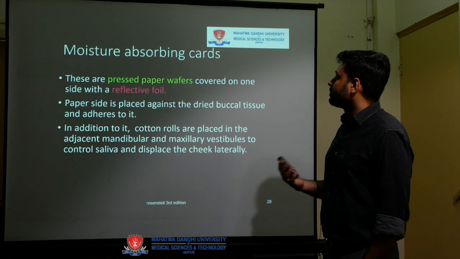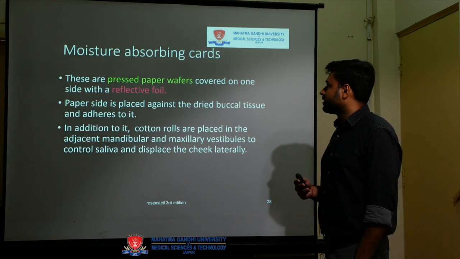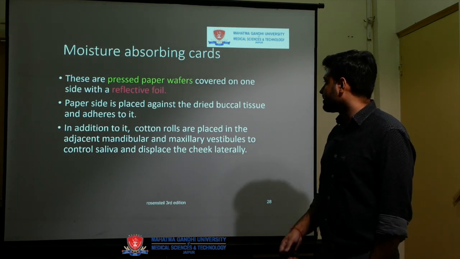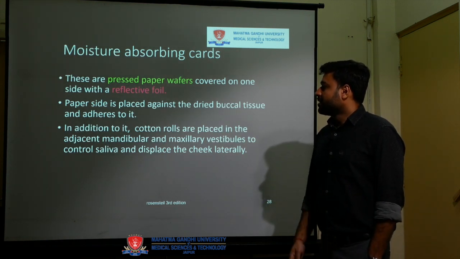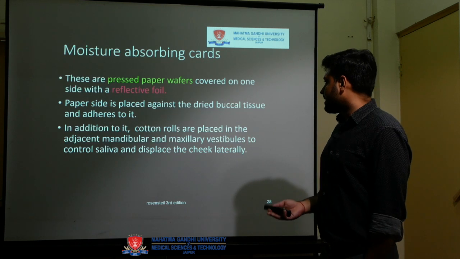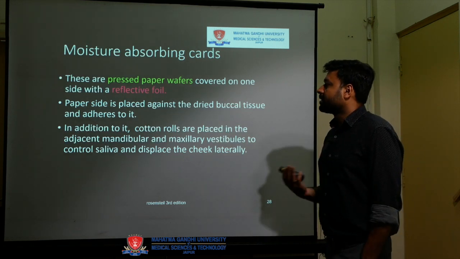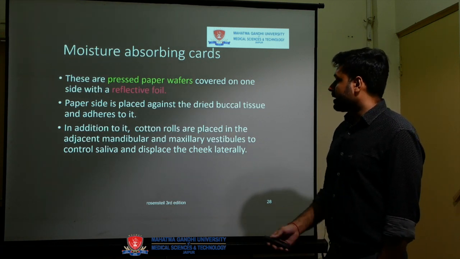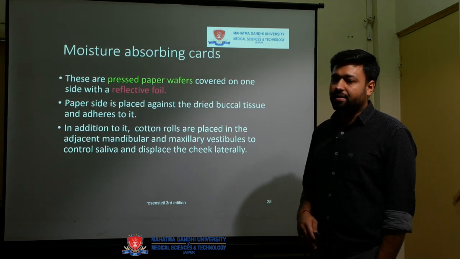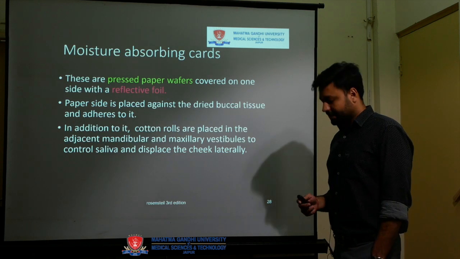Then we have moisture absorbing cards. These are pressed paper wafers covered on one side with reflective foil. The paper side is placed against the dried buccal tissues and attaches to it, and in addition, cotton rolls are placed in the adjacent mandibular and maxillary vestibule to control the saliva, and they displace the cheek laterally.